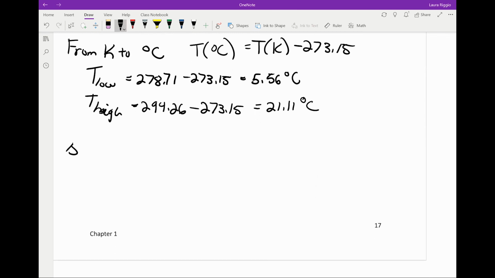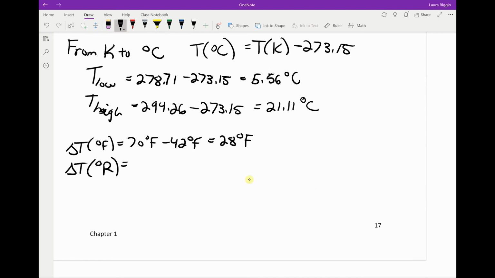So it asks for the temperature difference. I want to do it in degrees Fahrenheit first. It's 70 degrees Fahrenheit minus 42 degrees Fahrenheit, just 28 degrees Fahrenheit. In degrees Rankine, it's 529.67 minus 501.67, which is 28 degrees Rankine.